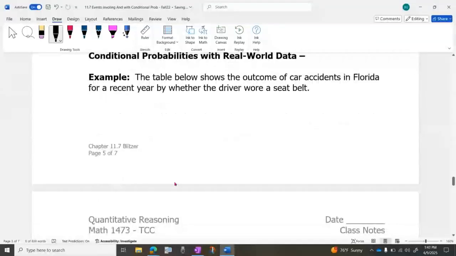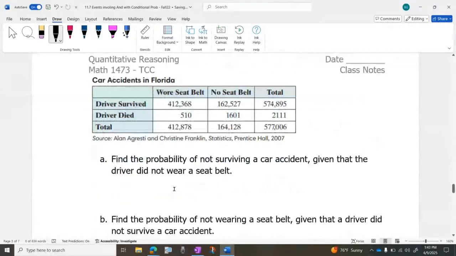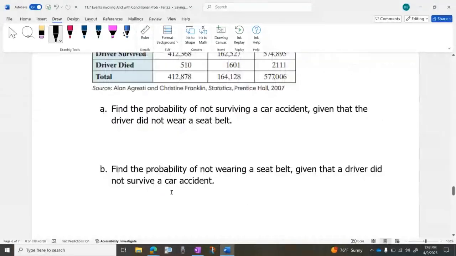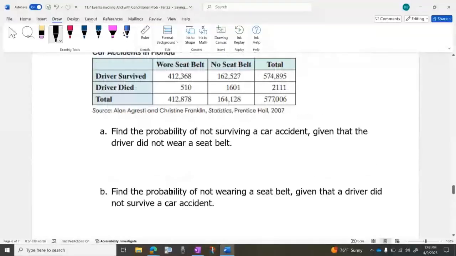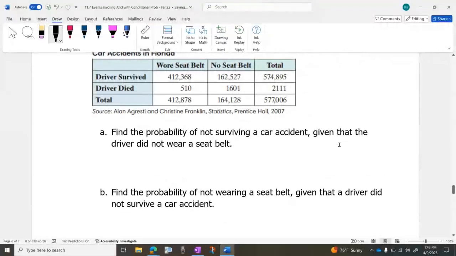See this one. Okay, this is a good one. This is empirical. So how do we find the value of a conditional probability when the model is empirical? Let's see this problem. Driver survived, driver died, with a seatbelt, without a seatbelt, right?